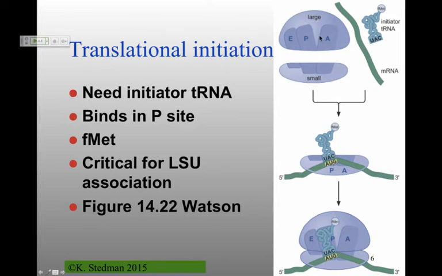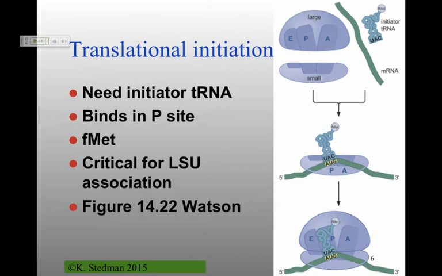So you have to have messenger RNA and initiator tRNA. This all binds to the small subunit, and only after you have this association can the large subunit bind. If you go back and look at the video, you'll notice that the first association is actually with the small subunit, and the large subunit comes in very soon thereafter. So how do you get this association to take place?